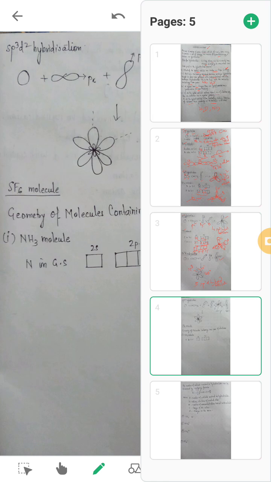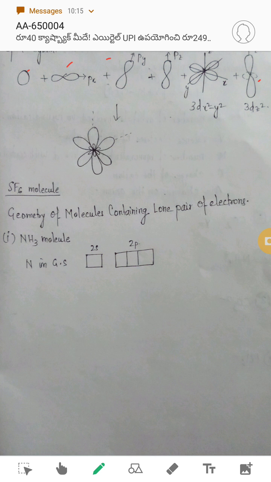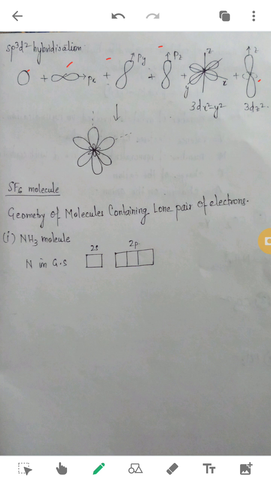Okay, and the next one, now this is for sp3d2 configuration, where of course 1 s, 3 p orbitals and 2 d orbitals are coming into play. Of course 3dz square, so I told you, and the other d orbital which is along the axis is 3dx square minus y square.